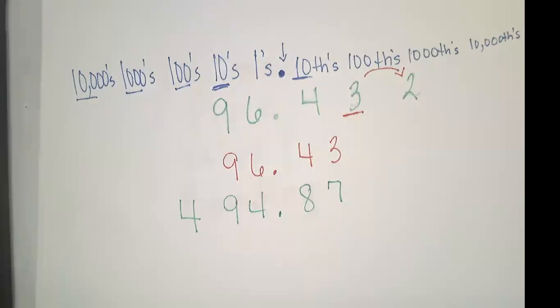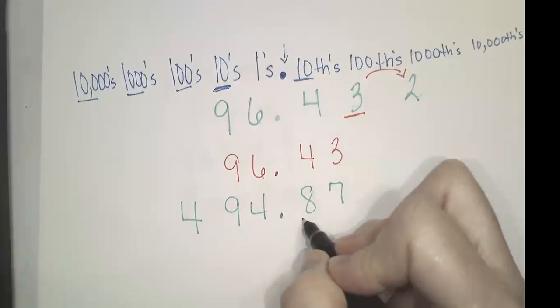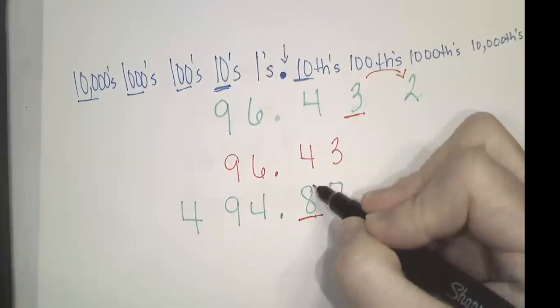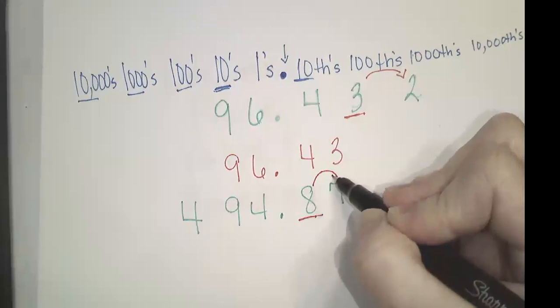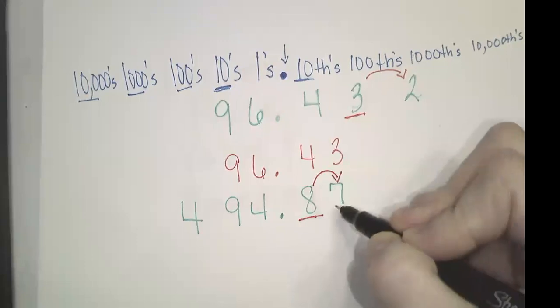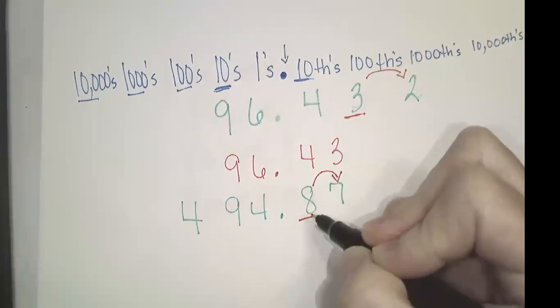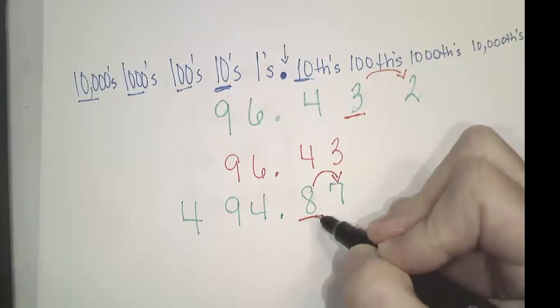Now, it depends on what your lesson asks you to do, but if it said, round this number to the nearest tenth place, first, I would need to identify which place is actually the tenth place, and then I need to look to the number to the right to determine what's going to happen to this number.